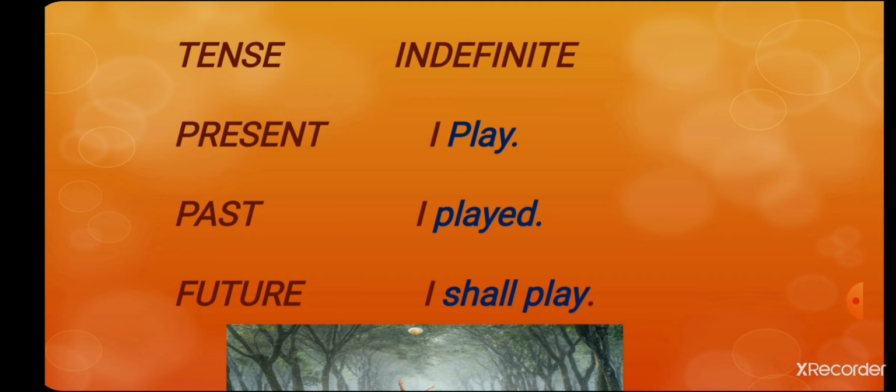A verb that refers to present time is said to be in the present tense like I play. Then students, I played. A verb that refers to past time is said to be in the past tense like I played. Then students, I shall play. Here a verb that refers to future time is said to be in the future tense as we have discussed.